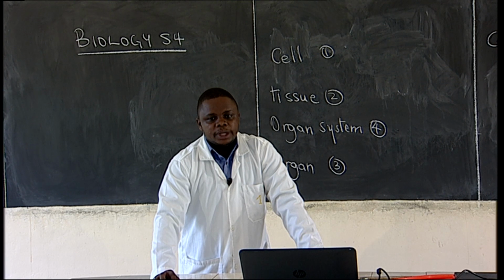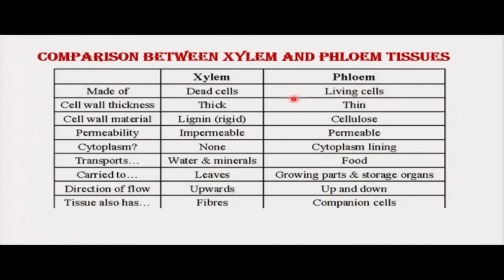Xylem is made up of dead cells. Phloem tissues are made up of living cells. Xylem tissues have thick cell walls, while phloem tissues have thin cell walls. Xylem tissues have cells which have lignin, while phloem tissues have cells which are made up of cellulose.